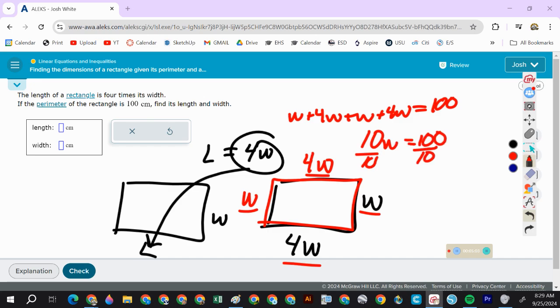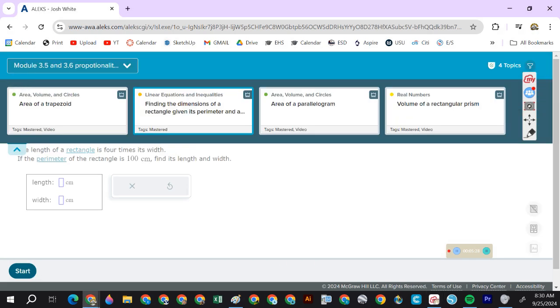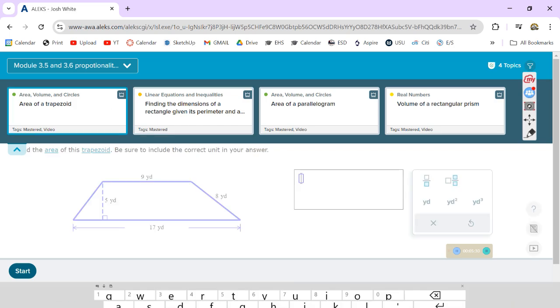Divide by 10, and I get W equals 10. So this side is 10, and this side must be 40. So the length is 40 and the width is 10. Okay. Let's do another one of those.